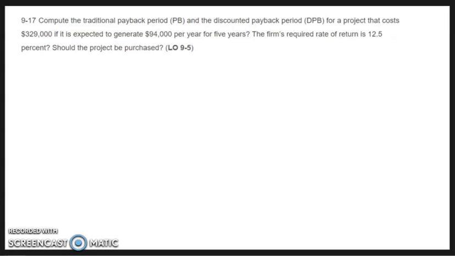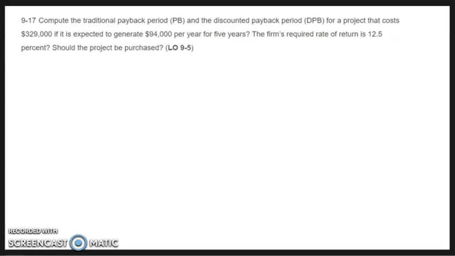So, payback period involves no discounting, so we can basically eyeball this. 4 times 9 is 360,000, and then 4,000 would be 16 more, so 376,000.